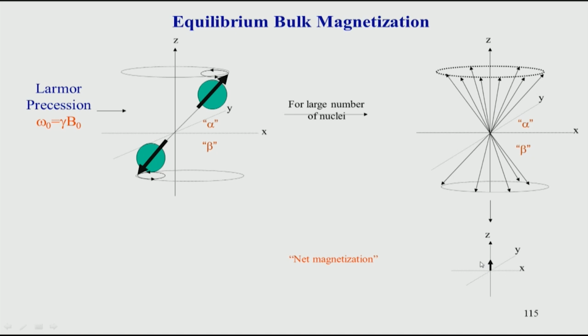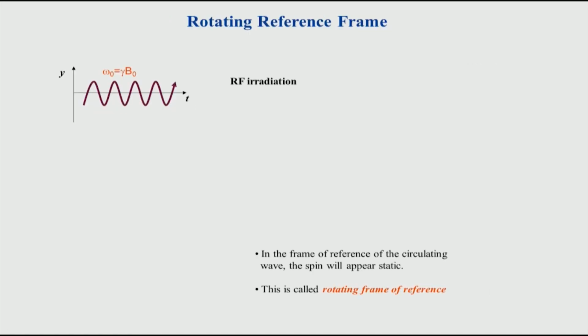One can calculate from the Boltzmann equation at what temperature or magnetic field or what conditions the populations become equal. You can also achieve a negative z axis. I can achieve the opposite, where the population in this state becomes more than the population in this state. That is called population inversion. One can also find out at what spin temperature we can achieve that. These are all based on the Boltzmann law.